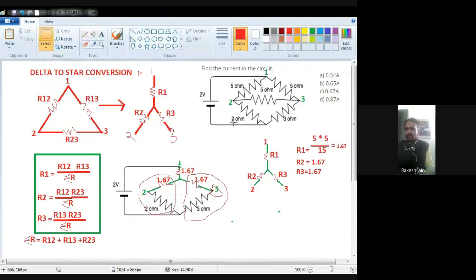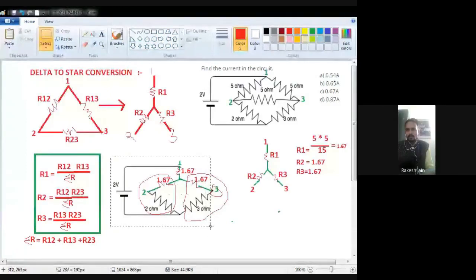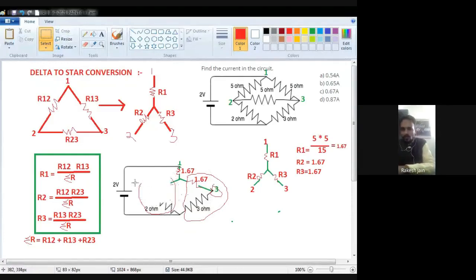So this one is the new value of resistance, this one is a new value of resistance, and this one is also a new value of resistance. So what is their value? This resistance value is 1.67, this resistance is also 1.67, and this resistance is also 1.67. Kindly don't be confused if you are unable to see clearly.